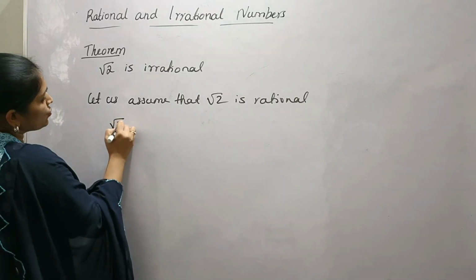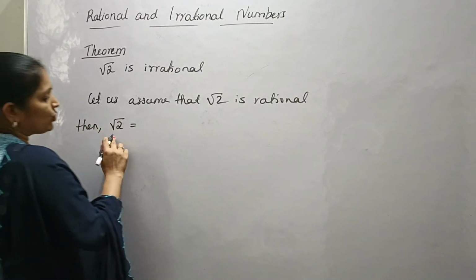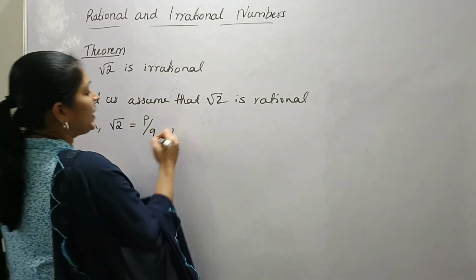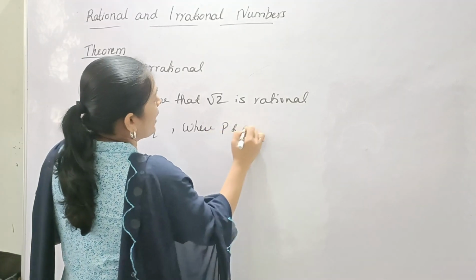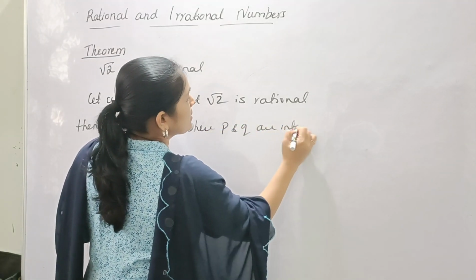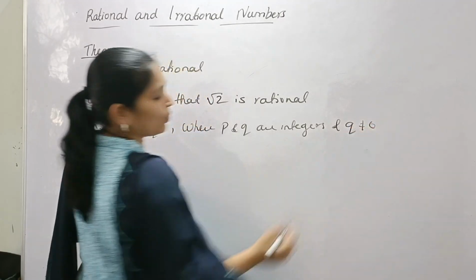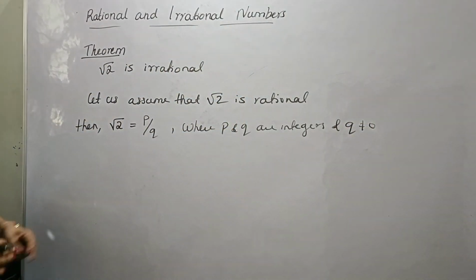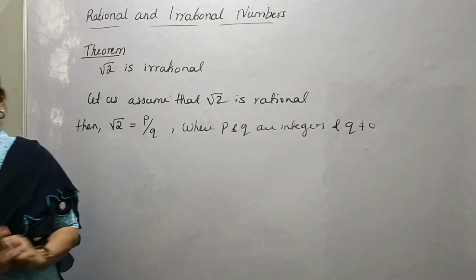So square root of 2 is equal to p by q, where p and q are integers and q is not equal to 0. After that, let's take p and q to be co-prime integers.